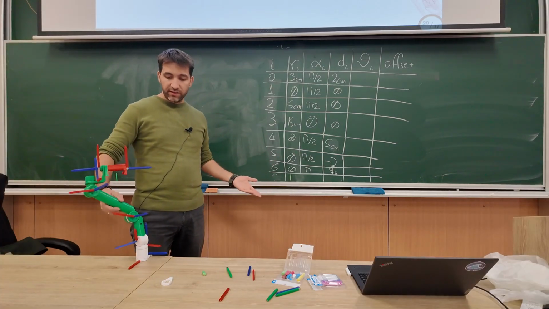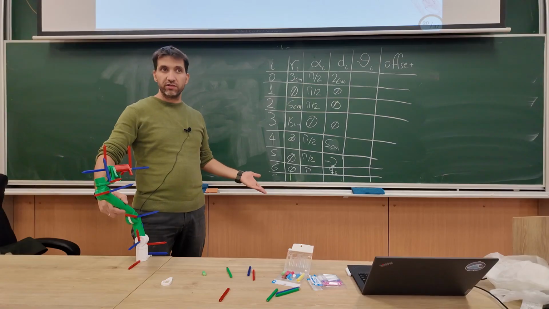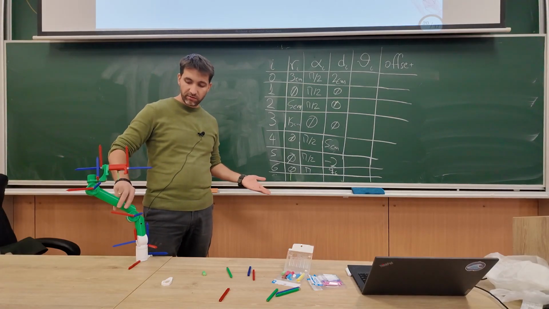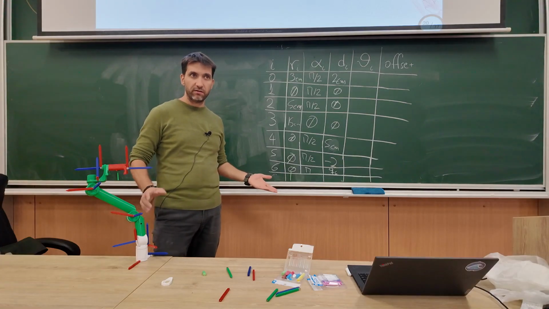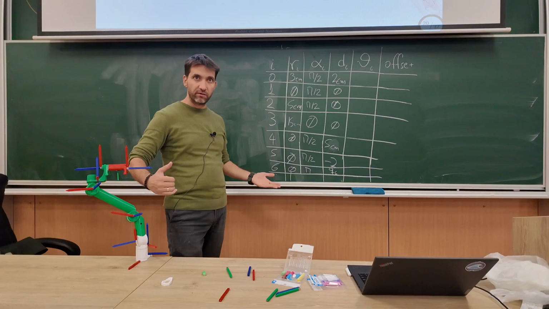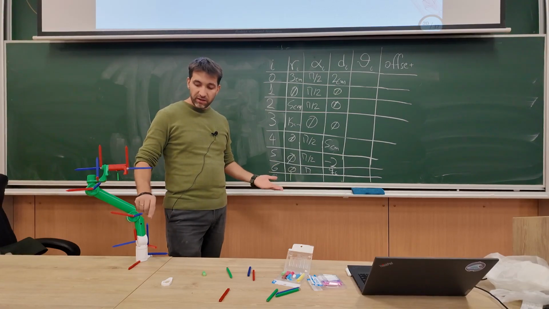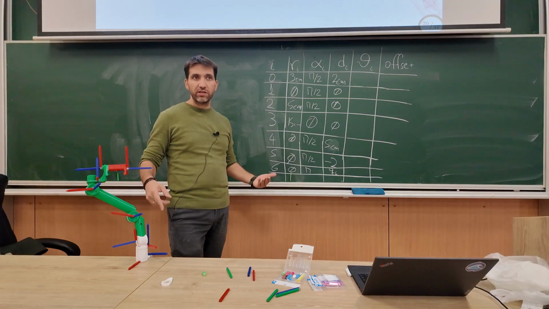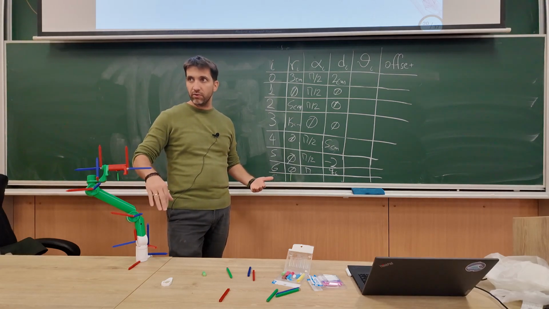Now, you said that this is 90 degrees, positive 90. Why? Because I'm rotating around this axis, right? And positive rotation is this one, right? You remember at the beginning we said that we put the z-axis the way we consider the positive rotation to be, right?